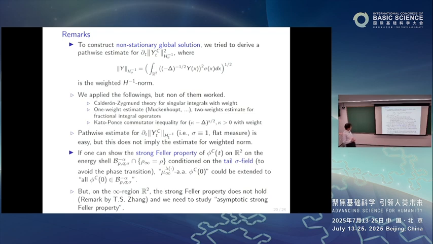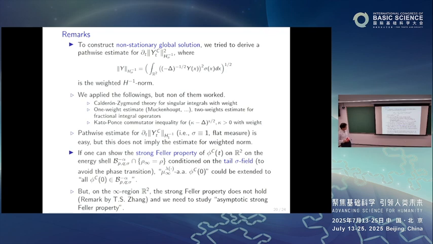And it is also known that once we can show the so-called strong Feller property for this one on R2, then maybe by conditioning on the tail sigma field, we can replace this one, because the strong Feller property means some continuity. Therefore, almost all can be dropped by using some continuity once we can show the strong Feller property. But maybe it's not so direct, because I once heard a talk by Xuan Zhang.